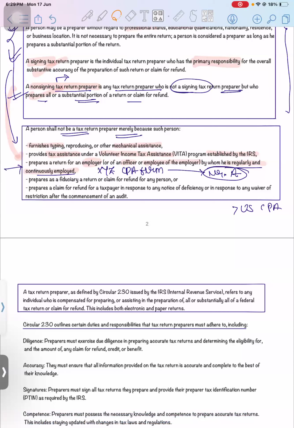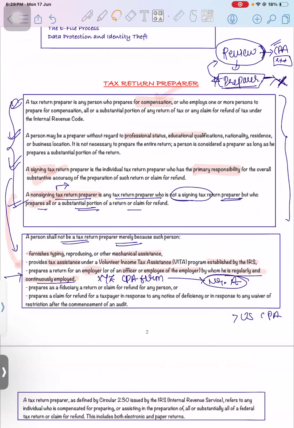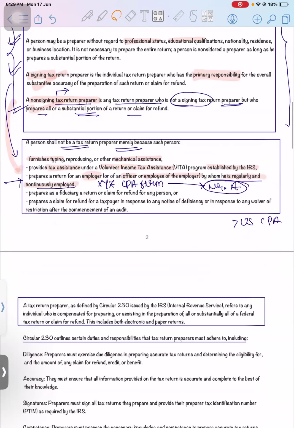Those who have joined late, I just wanted to tell you that we have just started with some basics: who can be a tax return preparer and who cannot. Now see, in Part 3, people normally have the perception that it's theory, we can easily self-study and complete the exam quickly, right? But it's like a Part 1 exam.